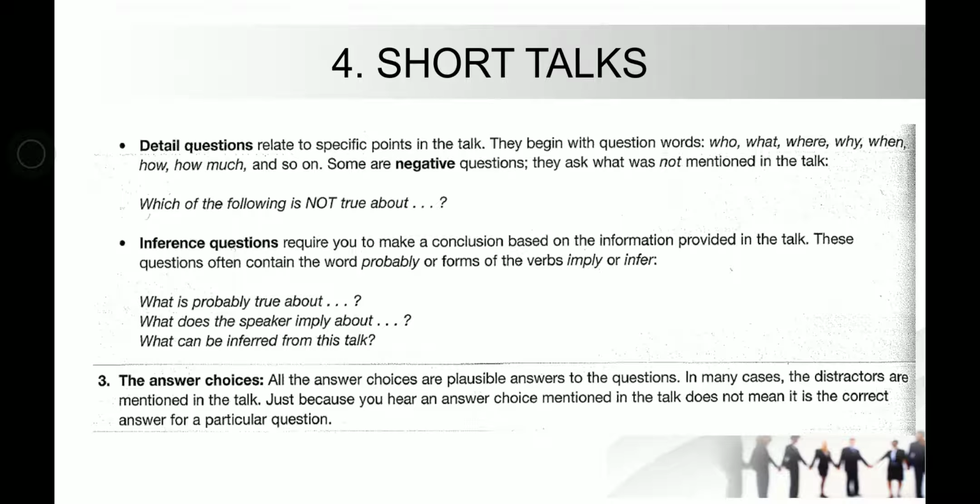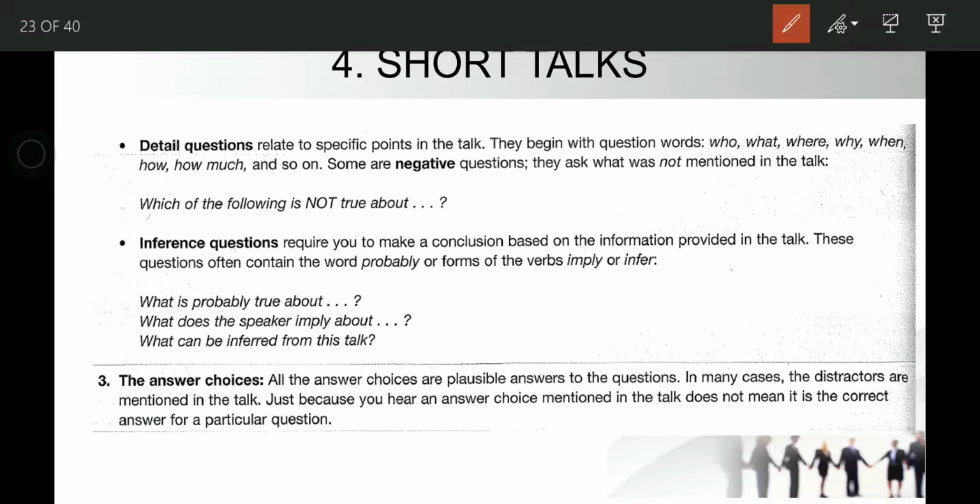So you have to know about the details: who, what, where, why, when, how much, and so on. And also about the inference questions. You have to know about this one. Yeah.